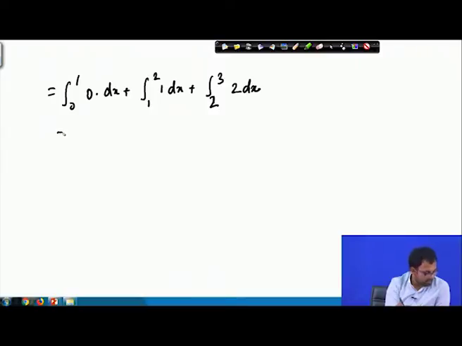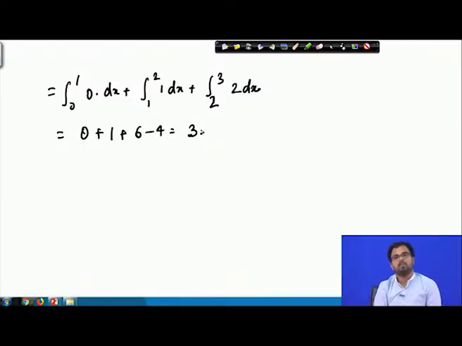So if we calculate, this will be 0 plus 1 plus 2. So, ultimately 3. That is the value of the integral. So it is Riemann integrable and the value is 3.